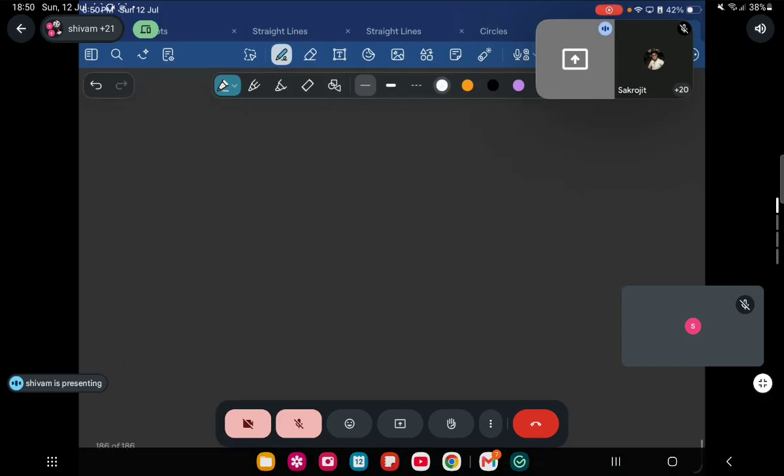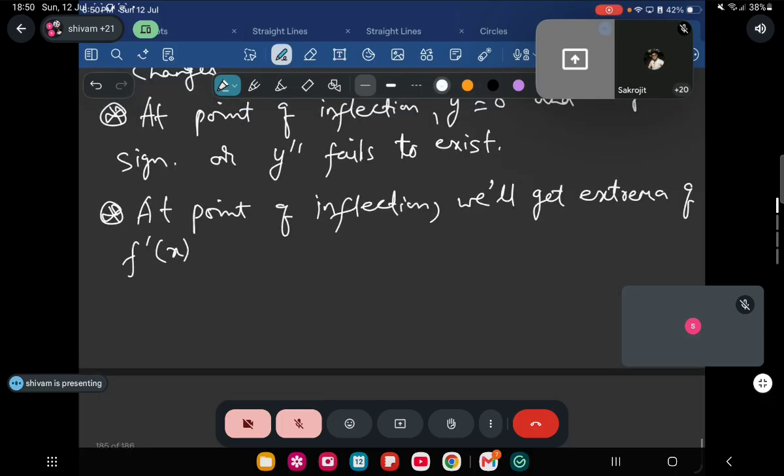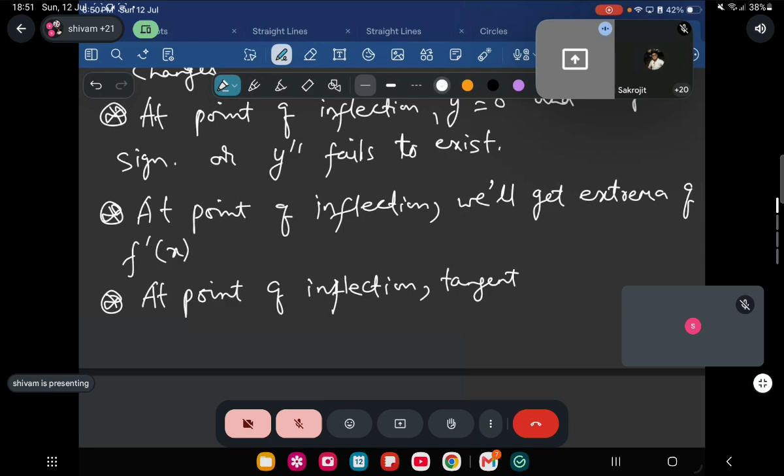Either maxima or minima. Next, at a point of inflection, the tangent crosses the curve.